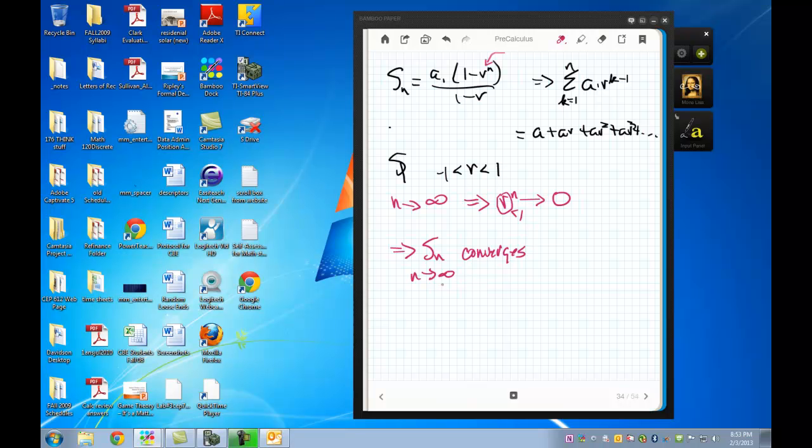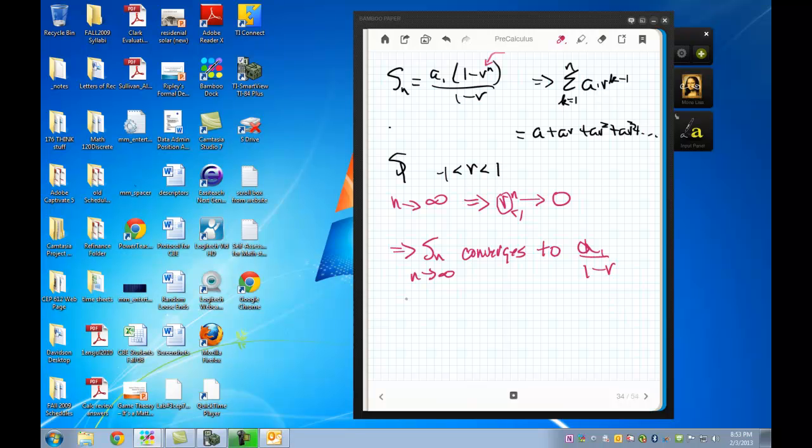As n gets really, really huge, this converges so closely to a number that we can't tell the difference between the number that it goes to and the number that it converges to. In other words, mathematically, they're the same, which means, since r to the n goes to 0, it converges to a sub 1 over 1 minus r.